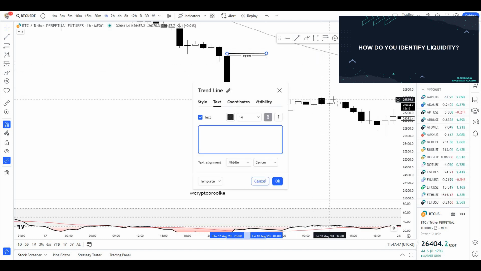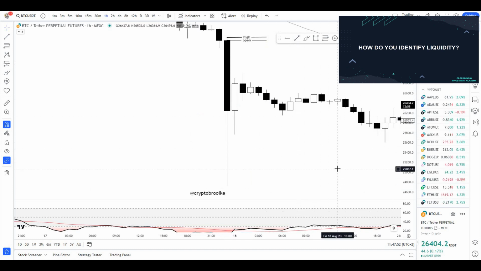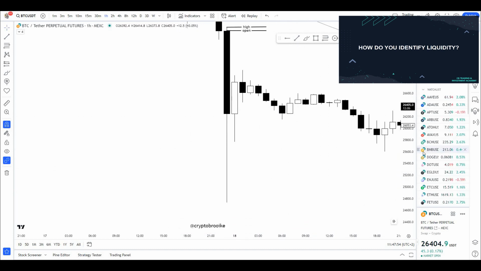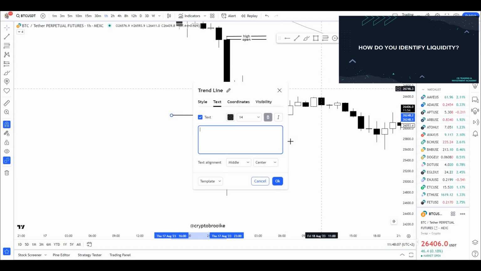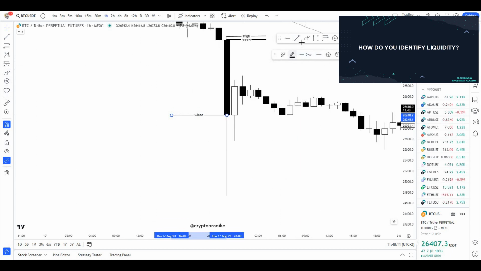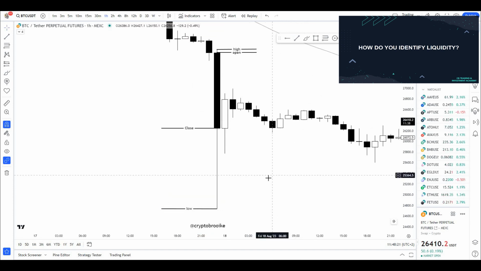This was the high of the candle. This was the close of the candle. And this was the low of the candle. So it tells you a couple of things.